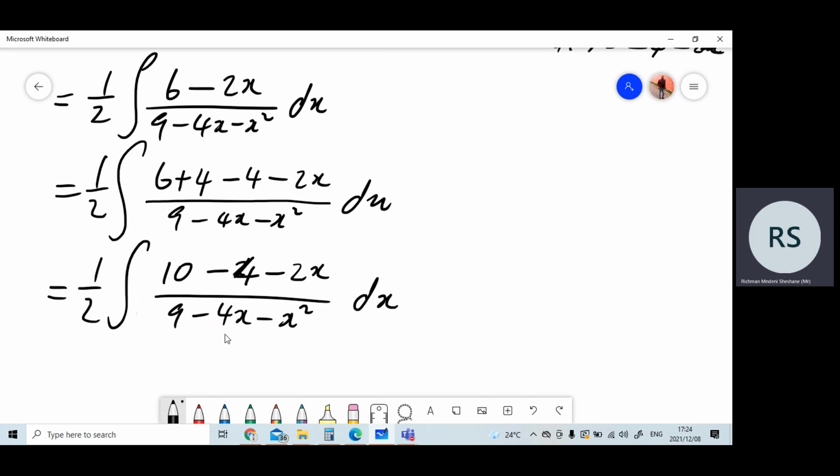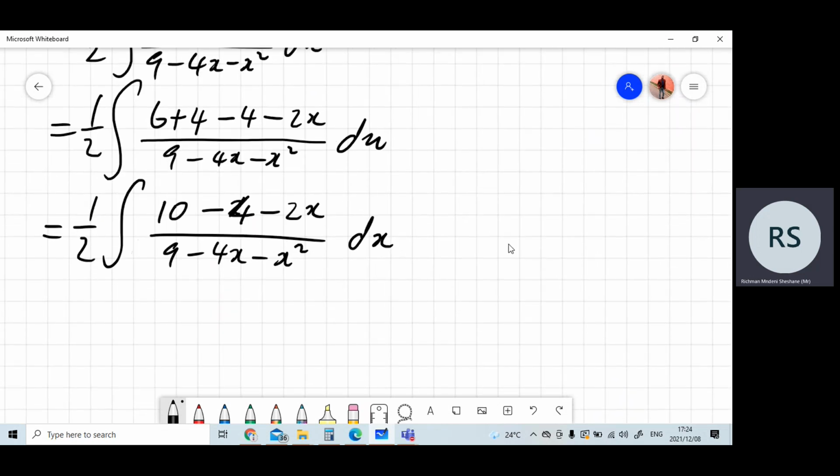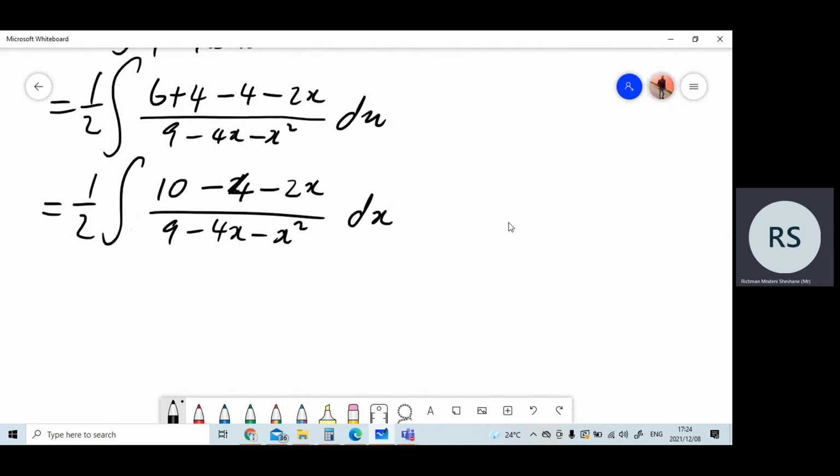So here, now since we have a derivative of a denominator in the numerator term, you just split into 2 terms. You start by dividing the other term.